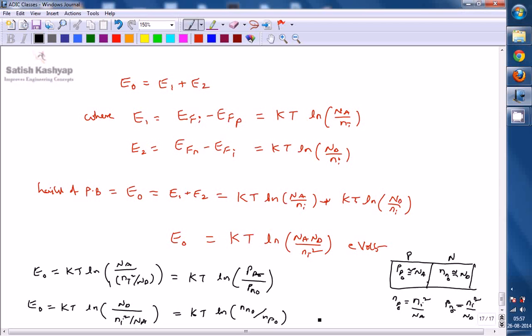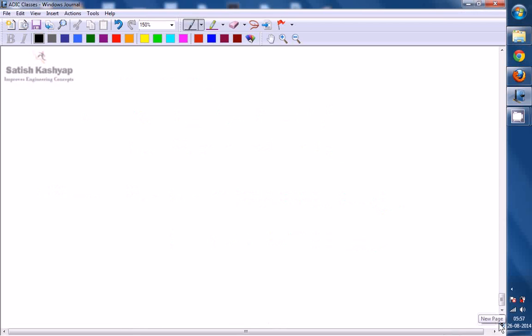Nn naught is electron concentration on N side under equilibrium. Np naught is electron concentration on P side, as it is P type, under equilibrium. So these are the three important equations, first one, second one and third one, related to E naught, the height of potential barrier.